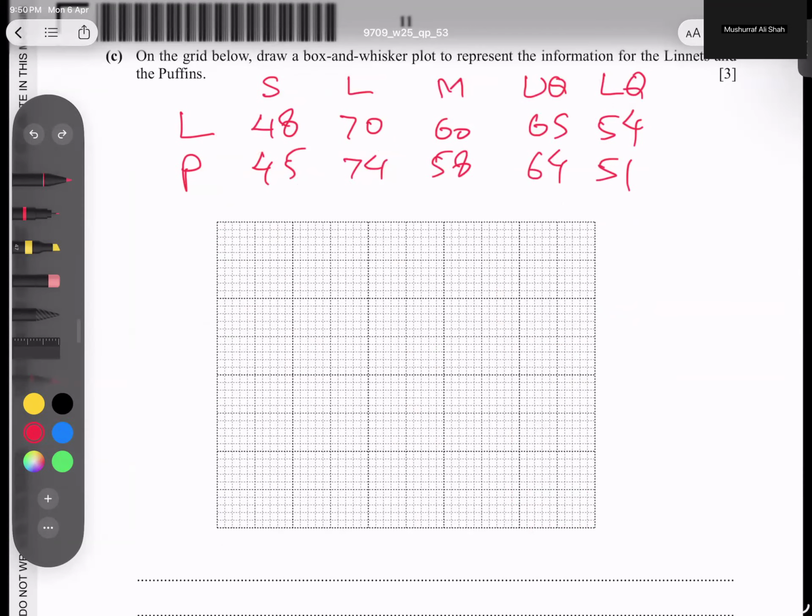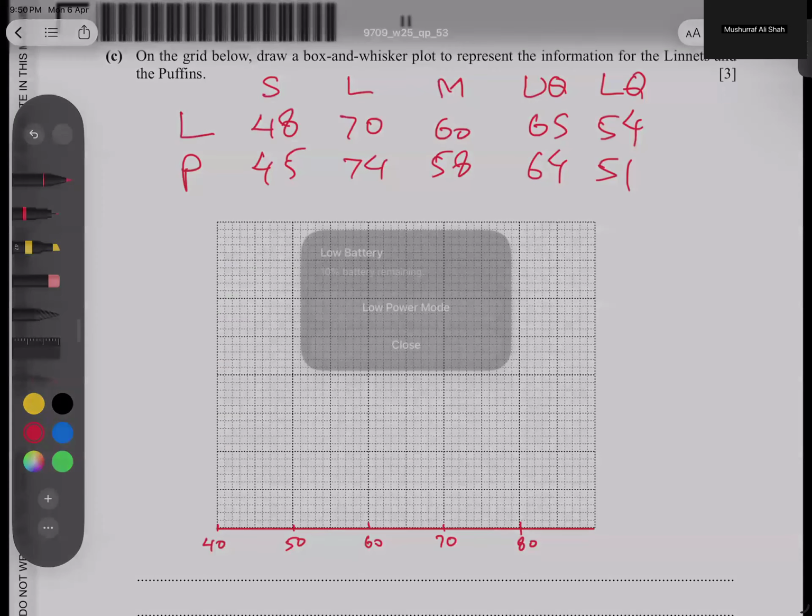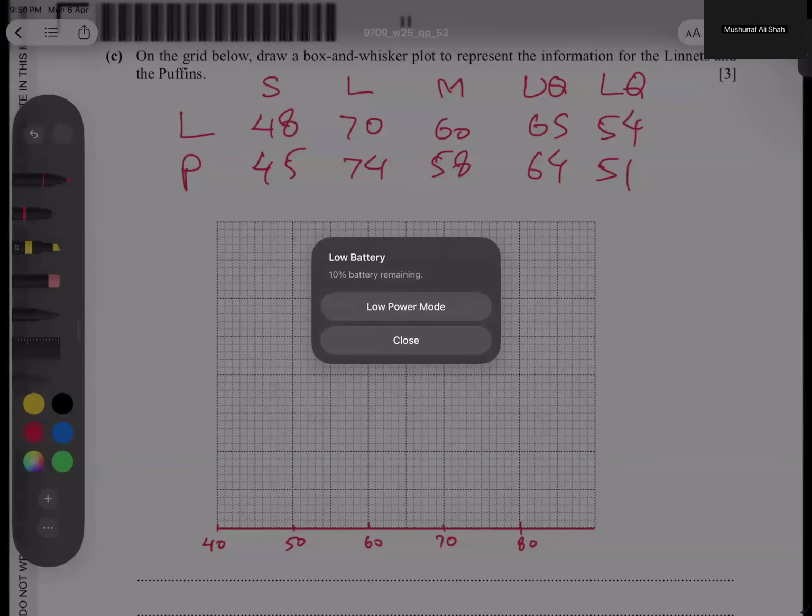If I start from 40, I think the best idea, we can start from 40. Okay, let me take a scale and make a line here. So students, this is 40 and then 50, 60, 70, 80, enough, to cover the whole thing. So let's start, just a minute, students.